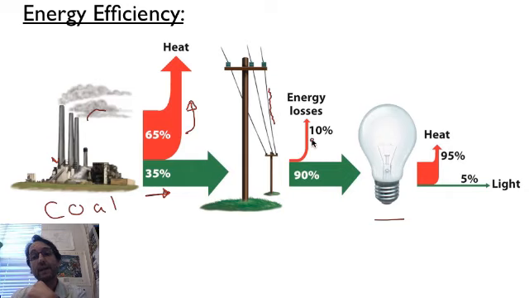And so 10% of that initial energy that goes in is transformed into heat. And we say it's lost. It's not really gone, right? But it is transformed into a less usable form. So 90% of that energy that left the power plant actually can enter our home and potentially light a bulb.